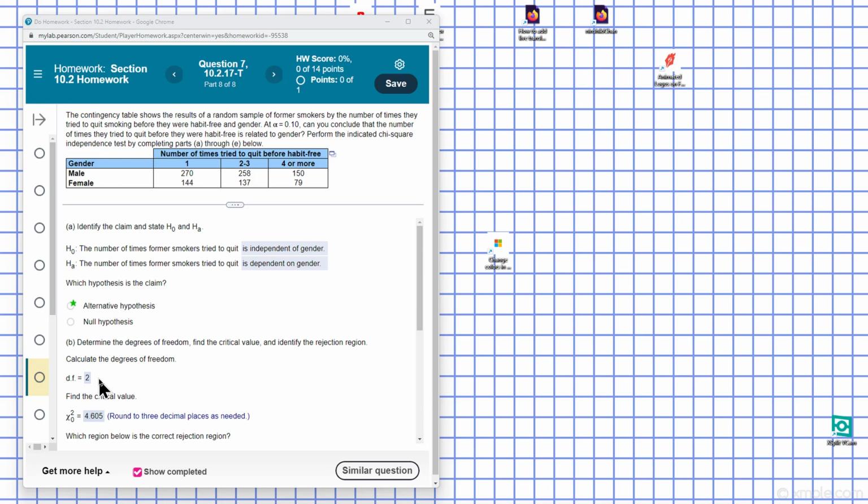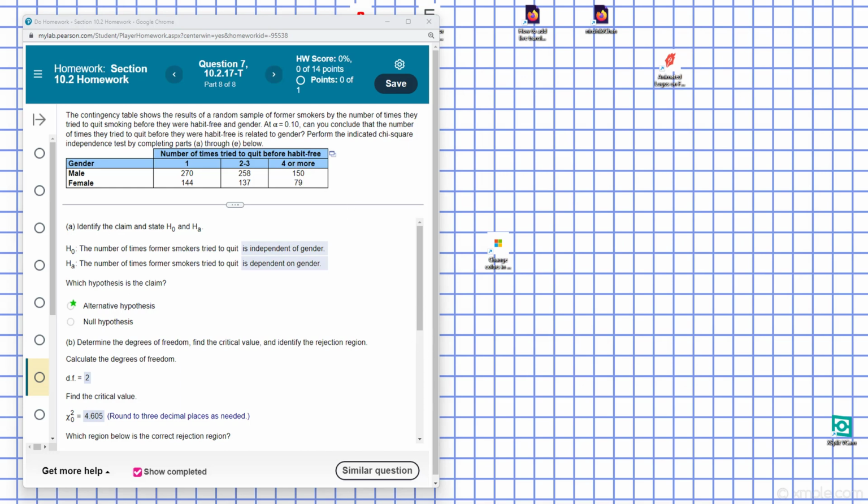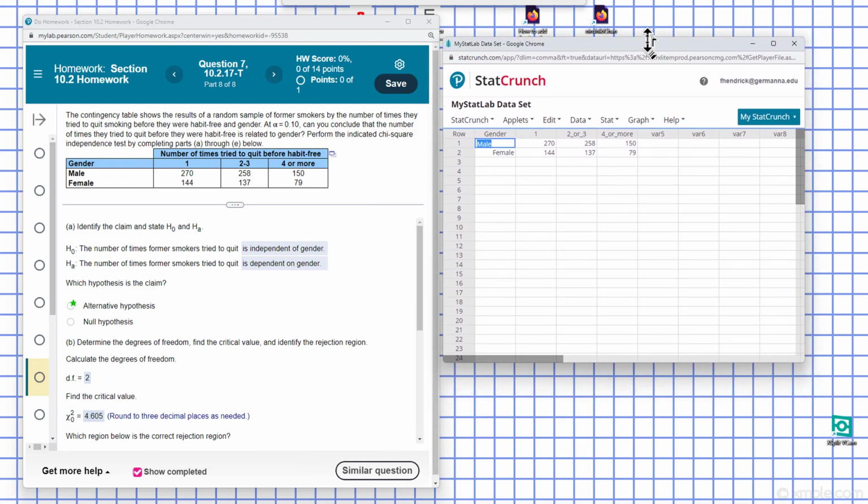Okay. Now they want us to find the critical value. So we can do that by finding the critical value here. You can go to StatCrunch and select StatCrunch. And there's your data.